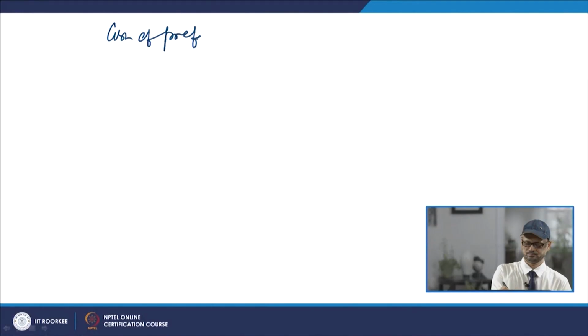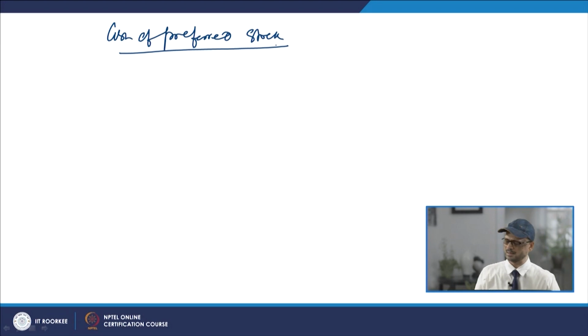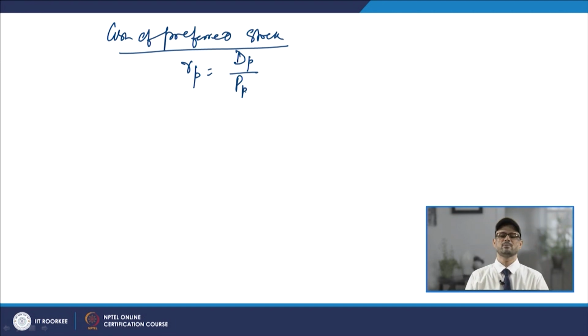So the cost of preferred stock is the dividend for the preferred stock divided by the price of the preferred stock.